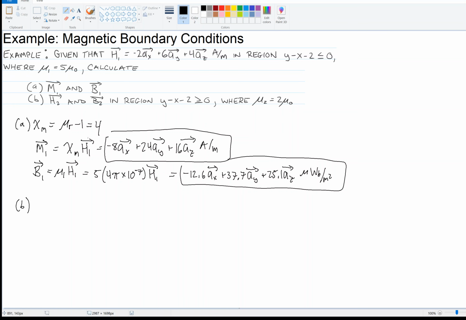So we've got the field intensity in region 1, and we want to get the field intensity in region 2. All right, so first of all, let's talk about that plane. So the separating plane is given by y minus x minus 2 equals 0, right? So if you're below that, less than 0, then you're in region 1. And if you're above that, greater than 0, you're in region 2.